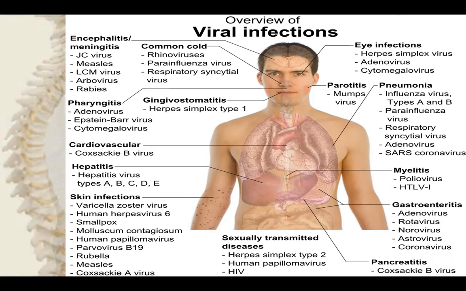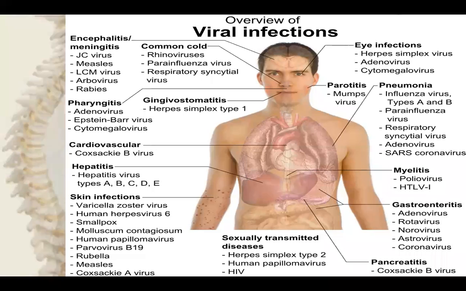On the right side, if you go through the eye, the viruses which act over the eye are herpes simplex virus, adenovirus, cytomegalovirus. Then parotitis, mumps virus acts there.